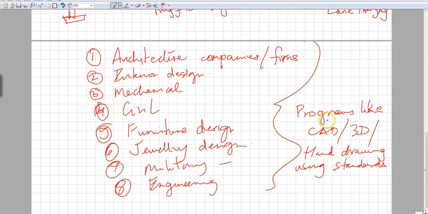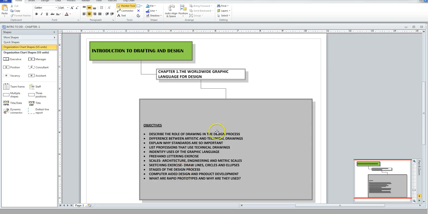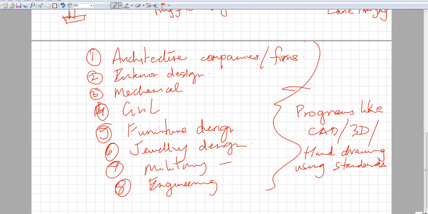Okay, so these are some of the places that I listed over here that you see that use technical drawings. Okay, now again, anything and everything that you use on an everyday basis, starting from your bed that you sleep on, was done or drawn using a technical drawing program, to the slippers or the shoes that you wear, to the brush that you use, to the car that you drive, to the office that you go to.